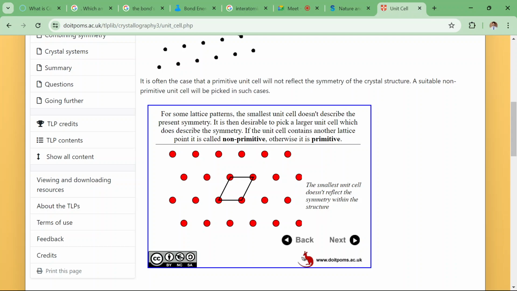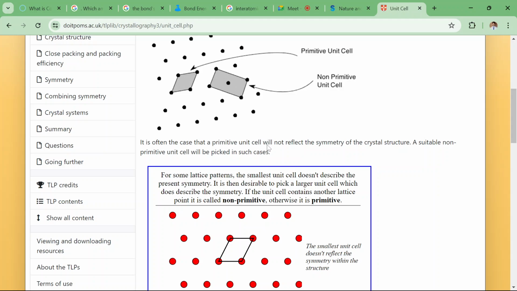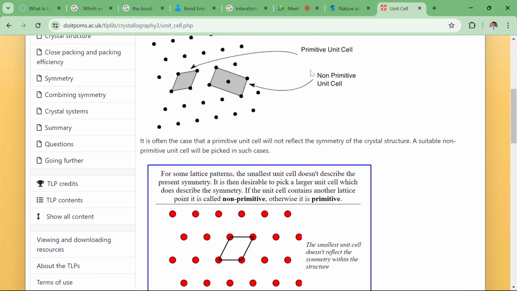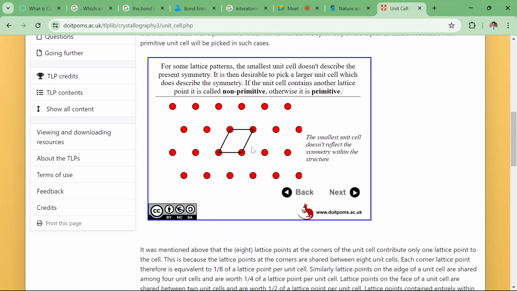Sometimes the smallest unit cell doesn't reflect the symmetry within the structure, so it is desirable to pick a larger unit cell which does describe the symmetry. If the unit cell contains other lattice points, it is called non-primitive; otherwise it is primitive. We have already seen primitive and non-primitive, and these are the possible structures you can see.